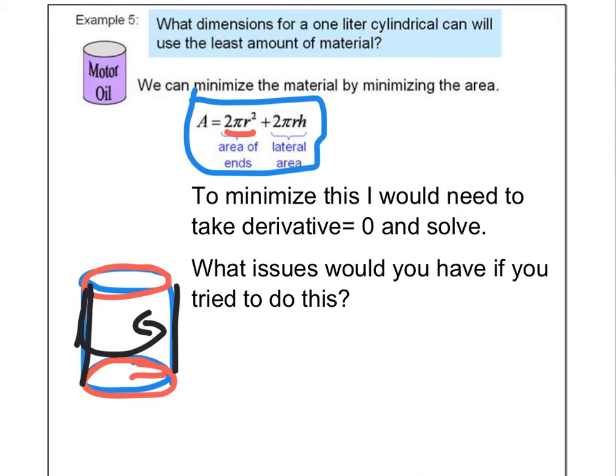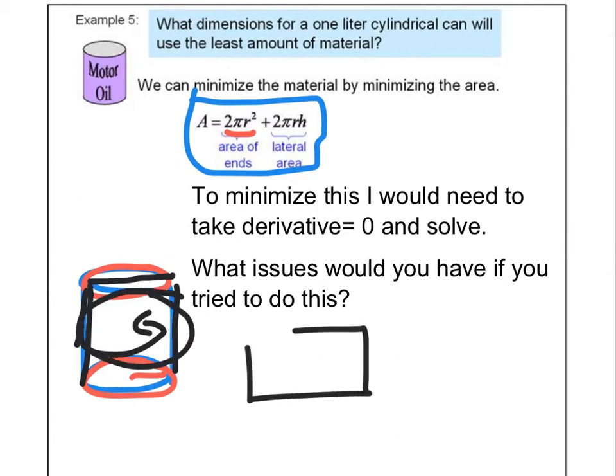If I unfolded this, maybe cut it right here, and unfolded it, I have 2 ends which are circles, but this part right here would actually be a rectangle. Now in class I can show you this model if you need help thinking about it, and then you have your 2 circles here. This would be a net of this object. How do I get this amount?